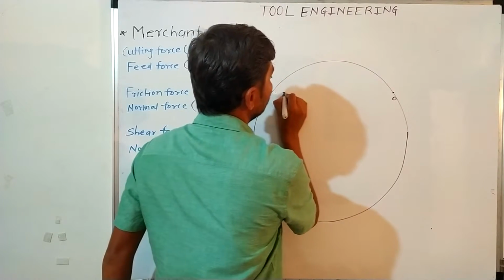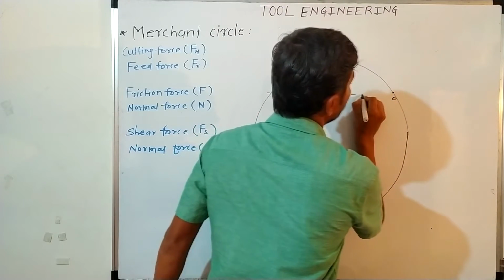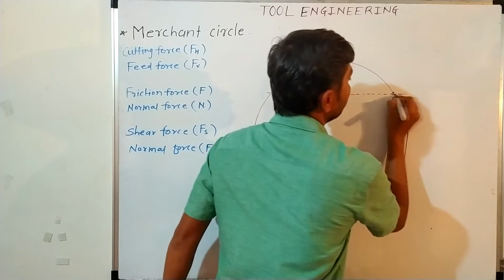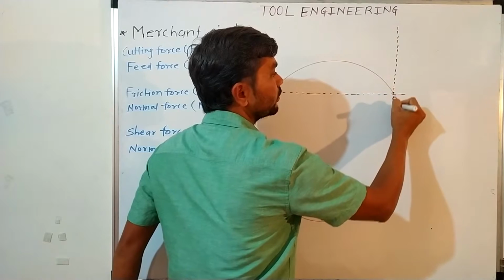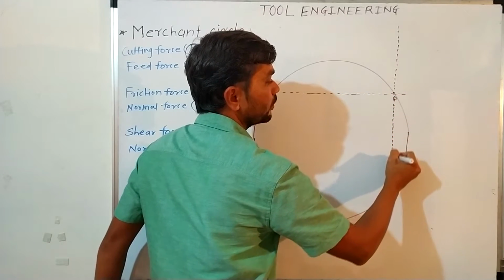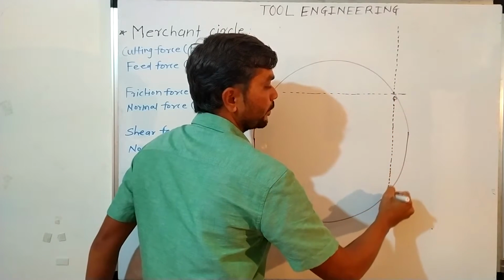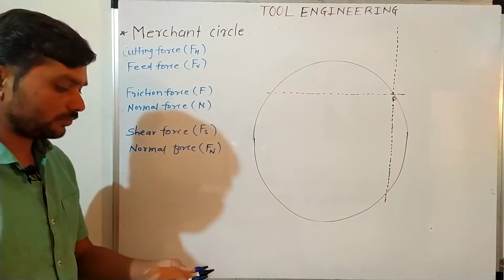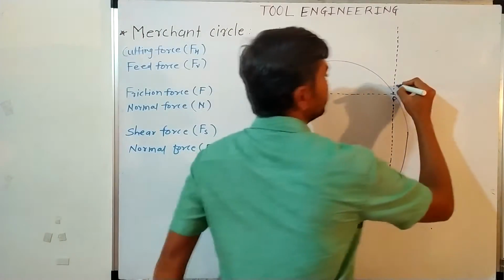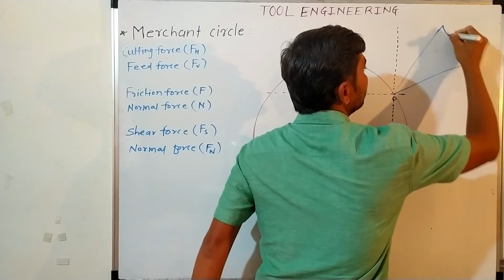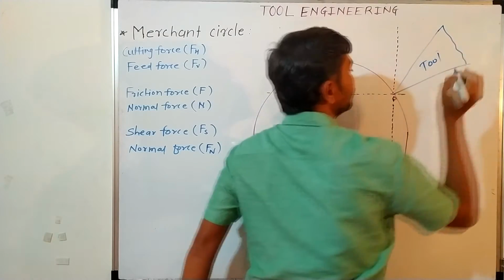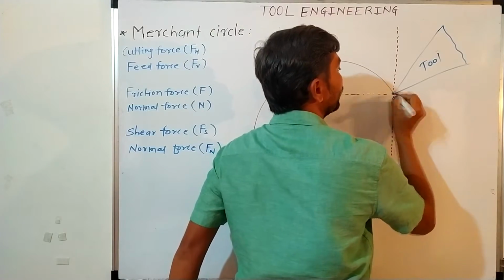From this point we draw one horizontal line, and from this point also draw one vertical line. Here we have to draw one tool. This will represent our tool, and this point represents the O point.